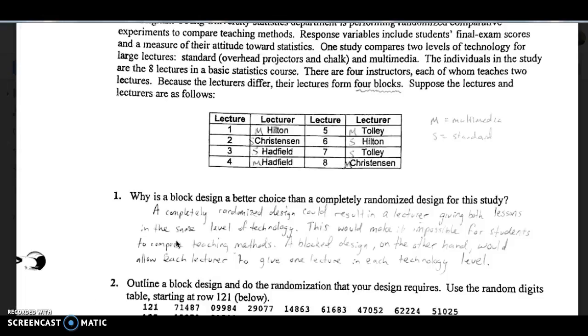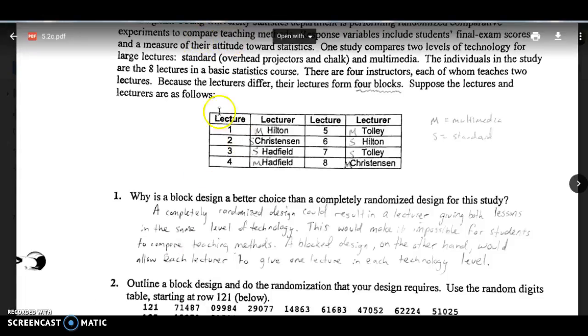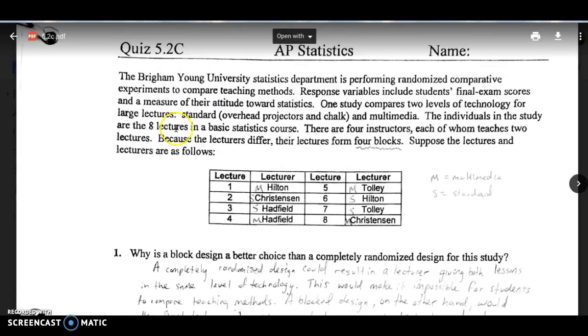And if they teach their 2 lessons in the same style, then the students have nothing to compare the teaching methods, because the goal is to compare. If we look back up here, right here, we want to compare the teaching methods.